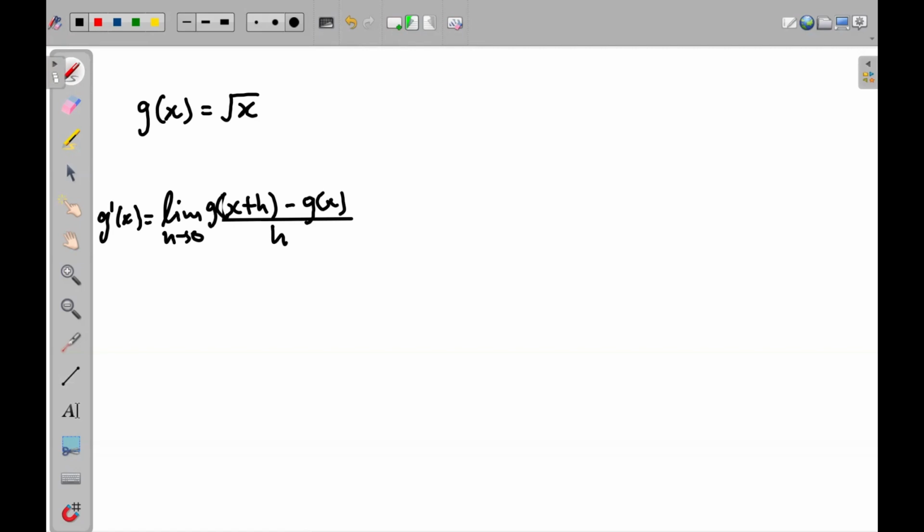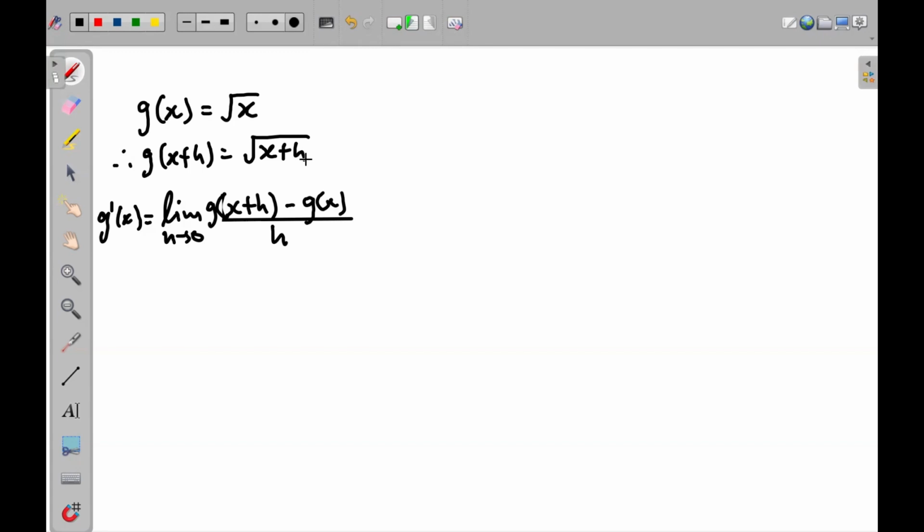Otherwise, I lose a mark without that. Now, if I know g of x, then I should know what g of x plus h is. And g of x plus h will be the square root of x plus h because it simply means you are substituting an x plus h in the place of x.